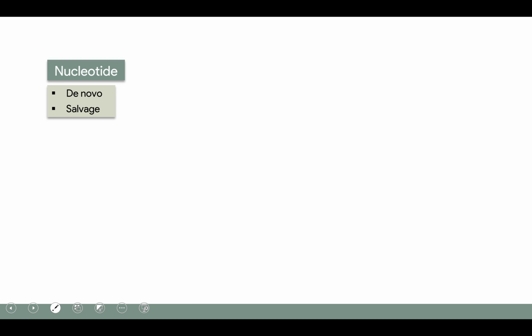As I said, the synthesis of purine happens via two processes. One is de novo, that is new synthesis, and the other way is the salvage pathway.